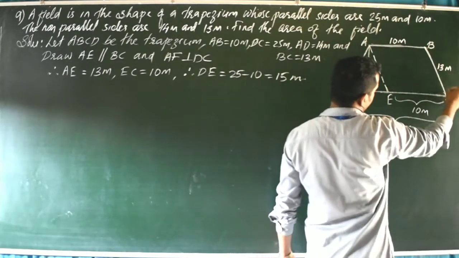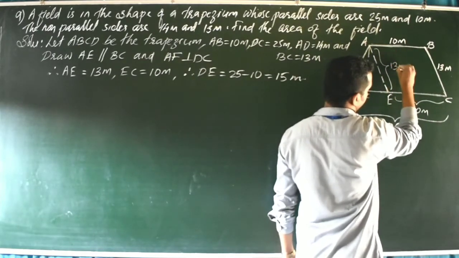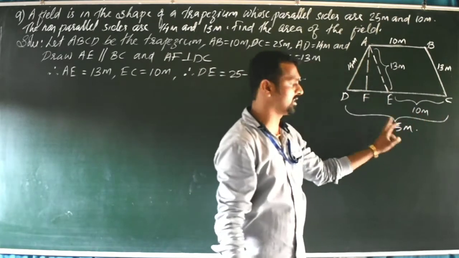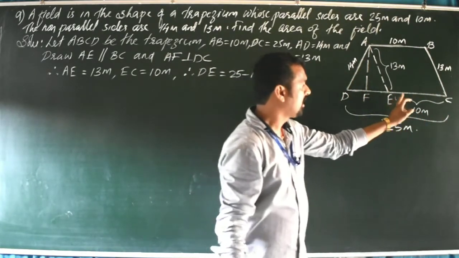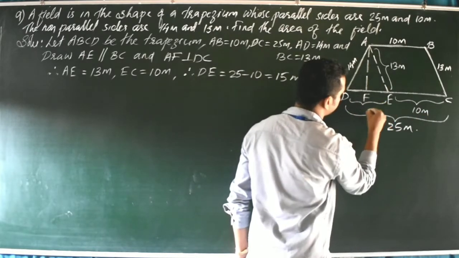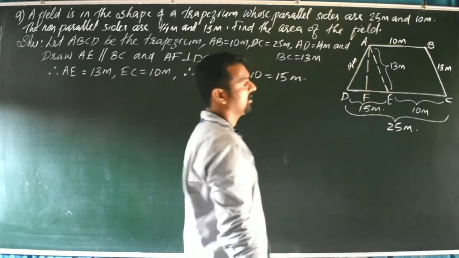BC is equal to 13 meter, so AE is equal to 13 meter. Now DC is 25 meter, total length, and EC is equal to 10 meter. Then DE is equal to 25 minus 10, that is equal to 15 meter.